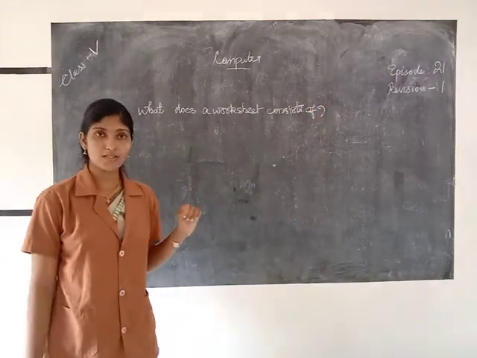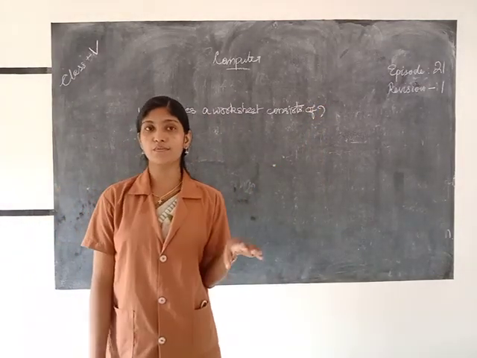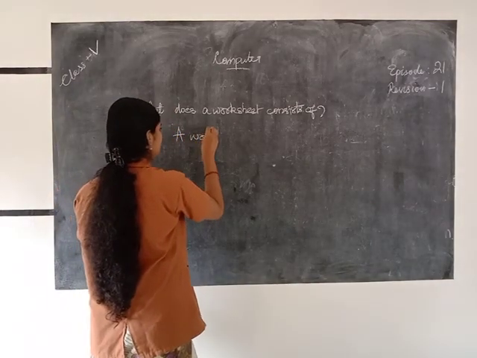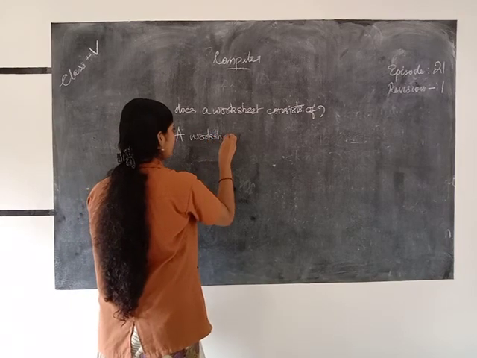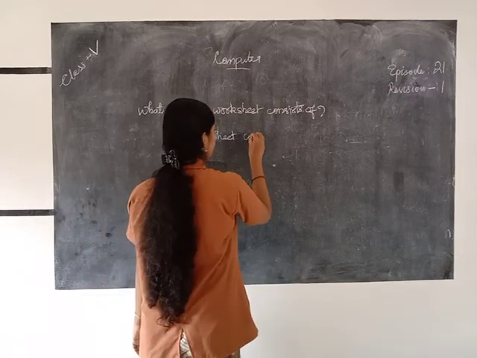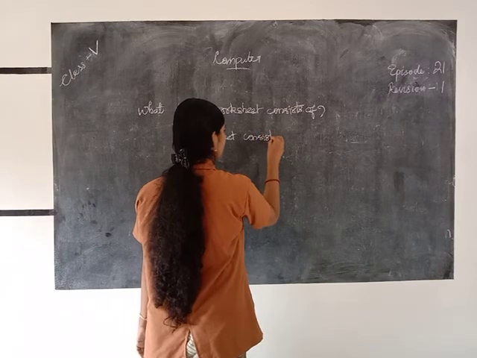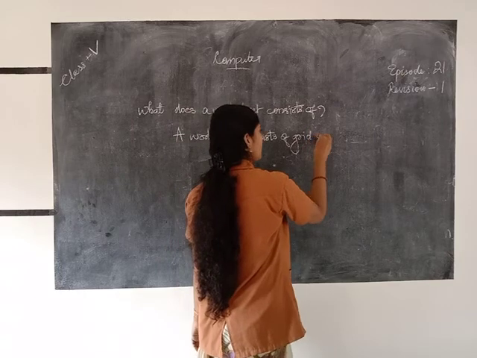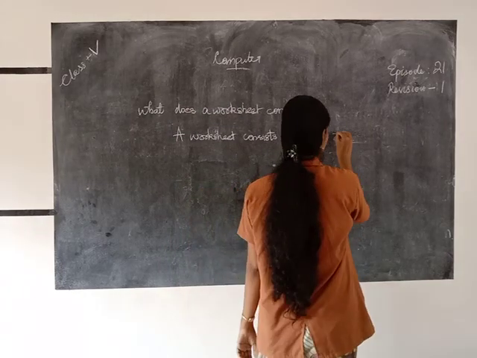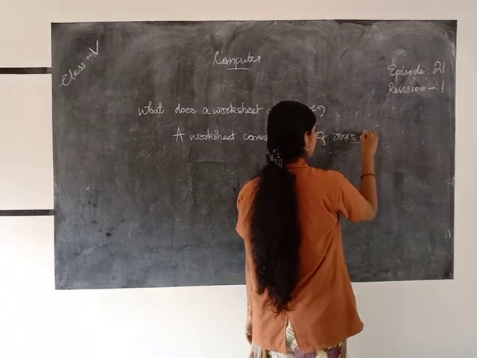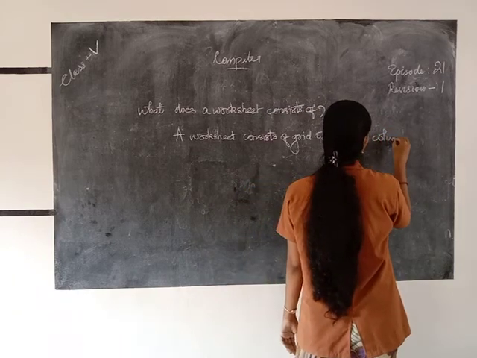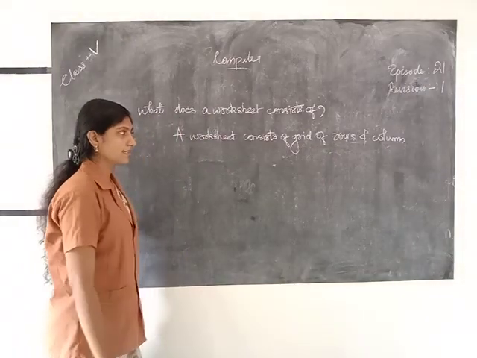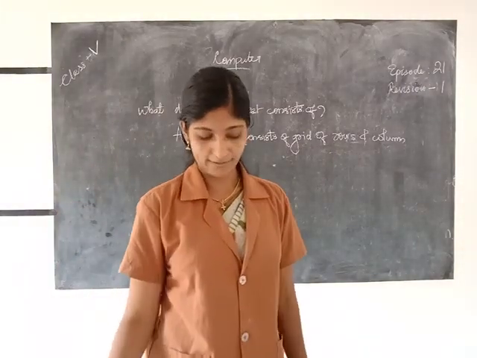Yes, a worksheet consists of a grid of rows and columns. So what does a worksheet consist of? A worksheet consists of a grid of rows and columns.